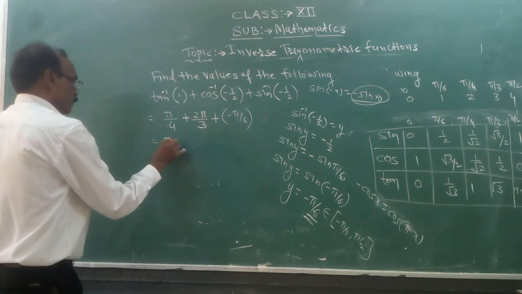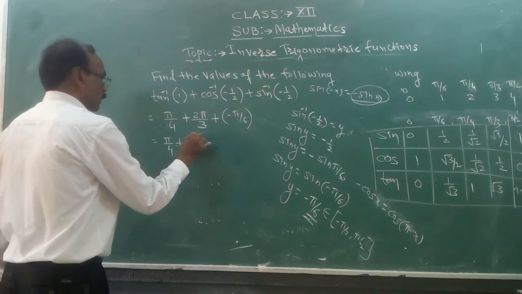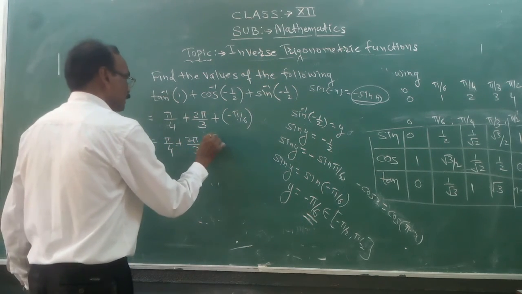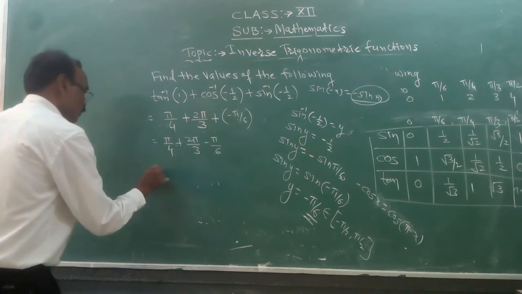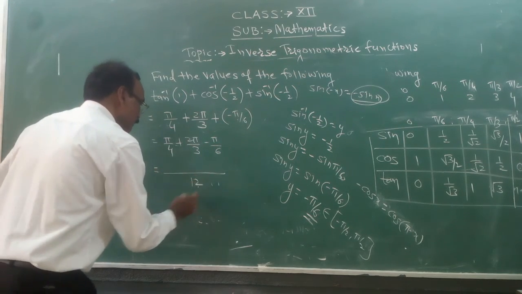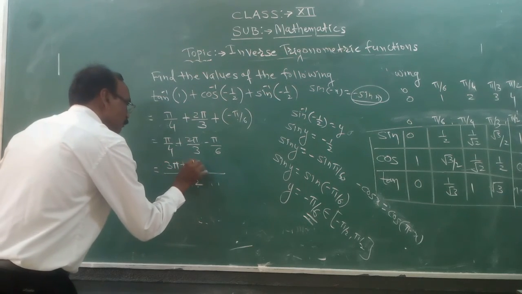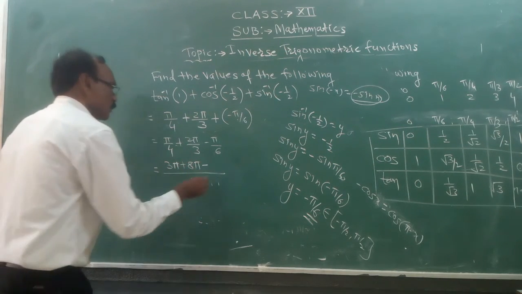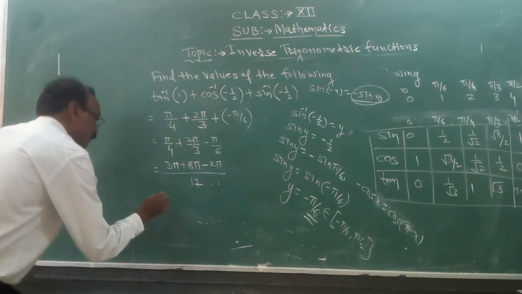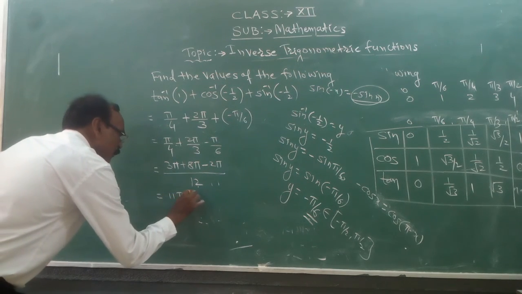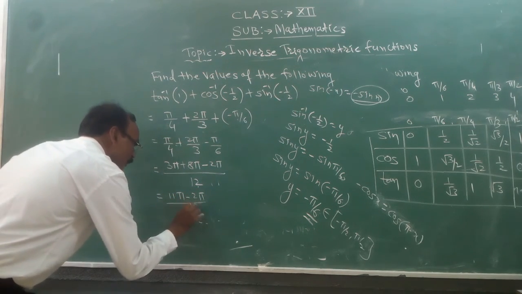So that is pi by 4 plus 2 pi by 3 minus pi by 6. Solve this. With denominator 12, this is 3 pi, 8 pi, then minus 2 pi, that is 11 pi minus 2 pi upon 12.